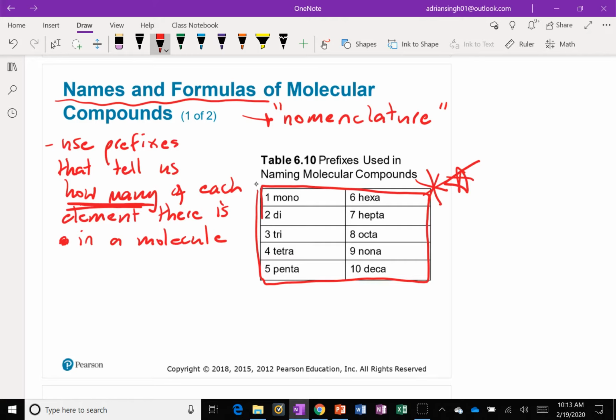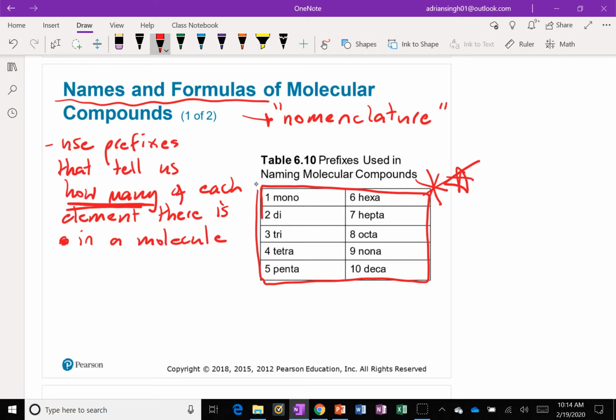That's one that tends to be confusing because it's not something that you typically associate or you've seen previously. 5, penta, like pentagon, 5-sided pentagon. Similarly, 6, hexa, like hexagon. Hexa has an X in it. 7 is the other tricky one. 7 is hepta.